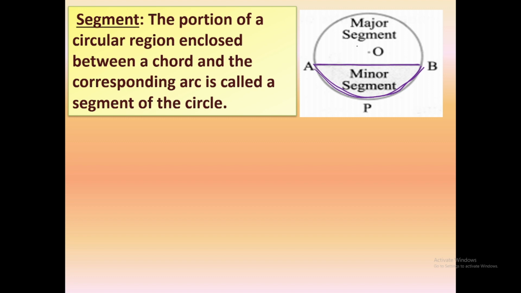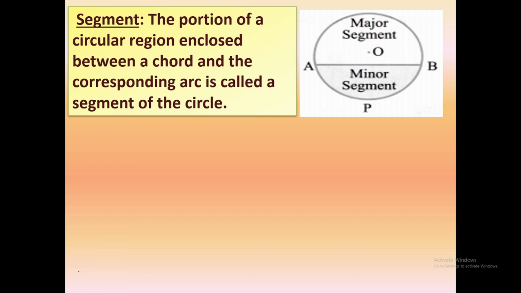Since the circle is divided into two parts by this chord, this segment is called the minor segment, and this segment is called the major segment.